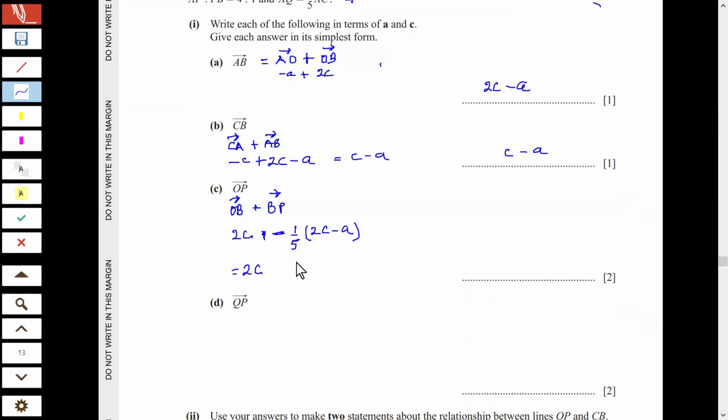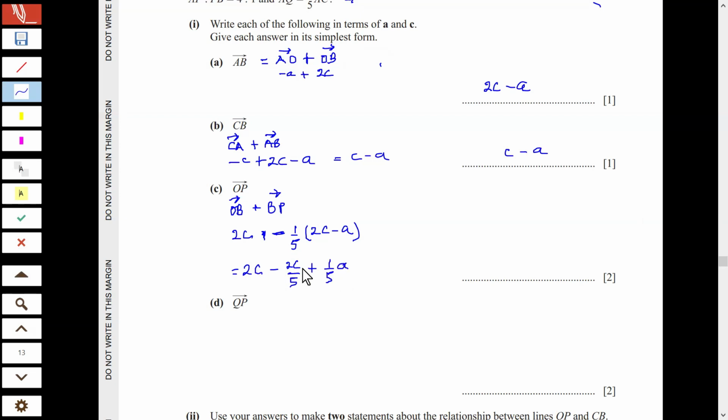Minus 1/5 times this gives us minus 2C/5. Then negative 1/5 times negative A gives us a positive 1/5 A.